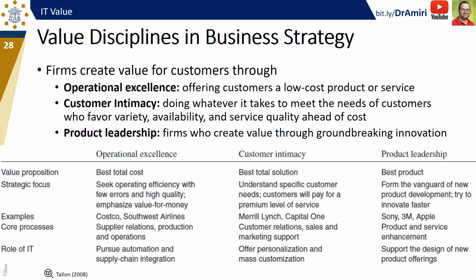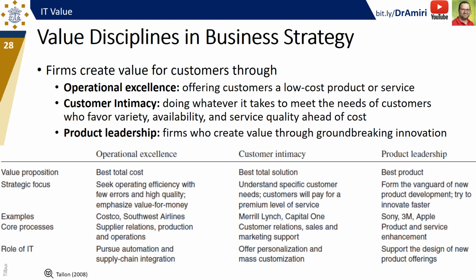Regarding customer intimacy, I can provide examples of Albert Heijn or Jumbo. And for product leadership, we can say Tesla is an example of this value discipline.